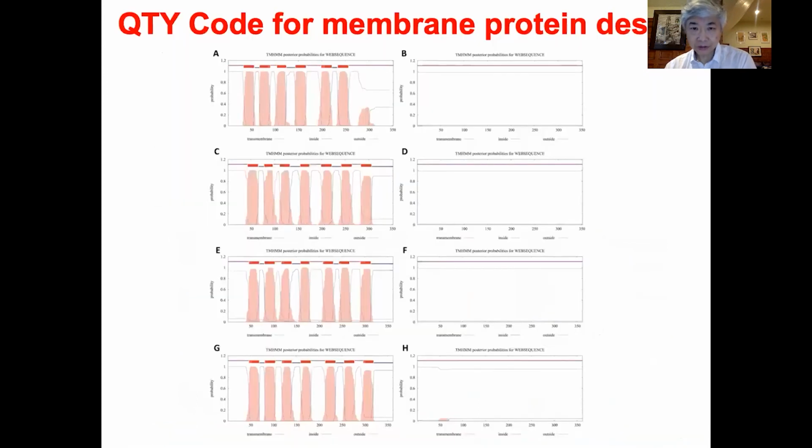Here is an example showing those 4 proteins. The native protein has 7 transmembrane domains, 1, 2, 3, 4, 5, 6, 7. This is 6.5, almost 7. That's before change into the QTY form. Those proteins are totally water insoluble. But once you apply the QTY code, all the water insoluble segments disappear and become soluble.